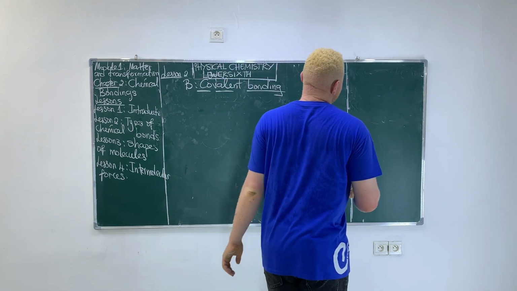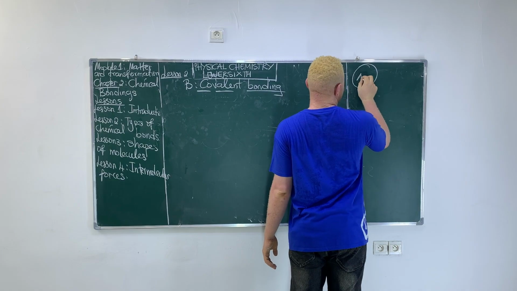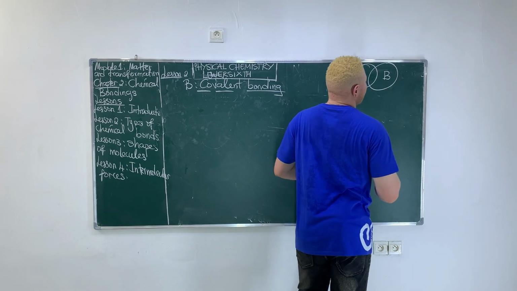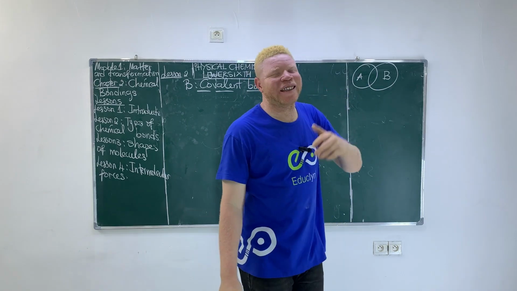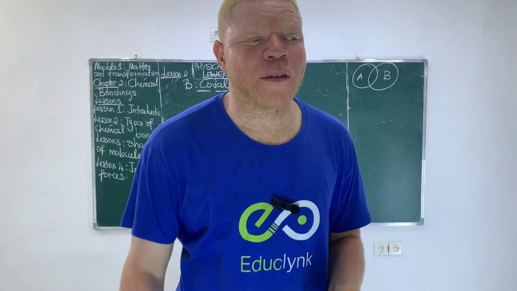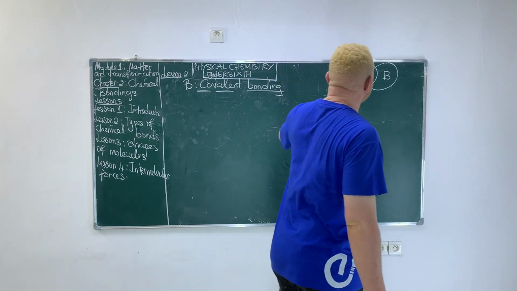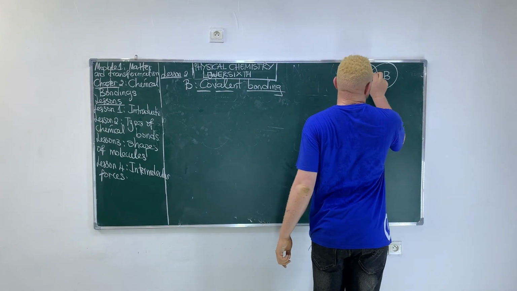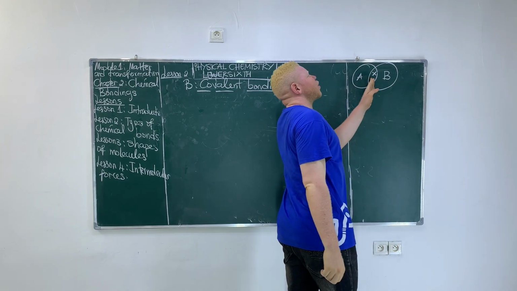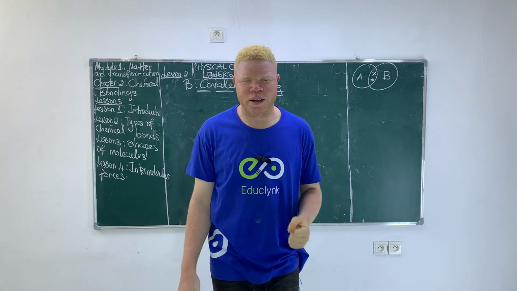Example, let's say we have two elements A and B. Between A and B, there's an intersection. In that intersection, we are going to have the electrons of A and the electrons of B. Let's say we take a cross for A and a dot for B. So these are the electrons. A and B are sharing their electrons together.